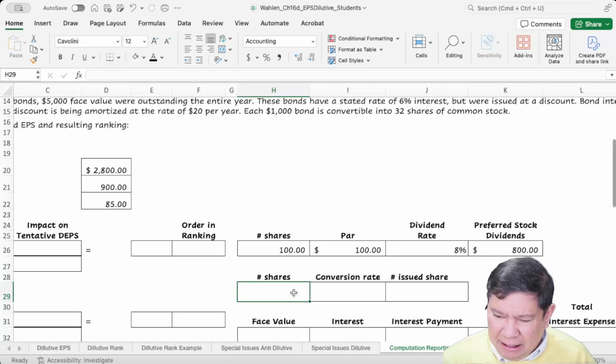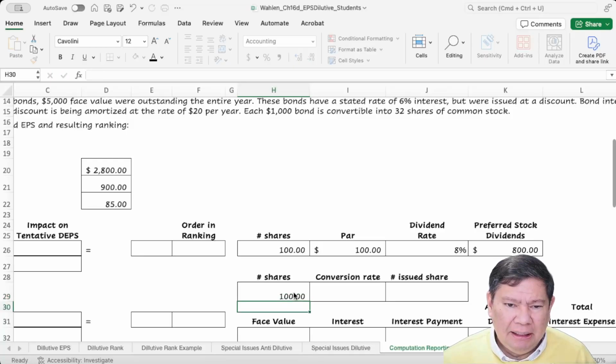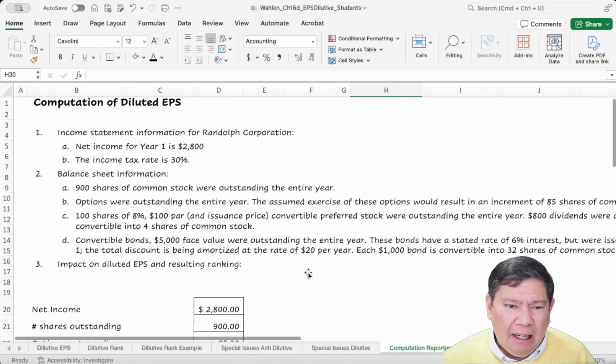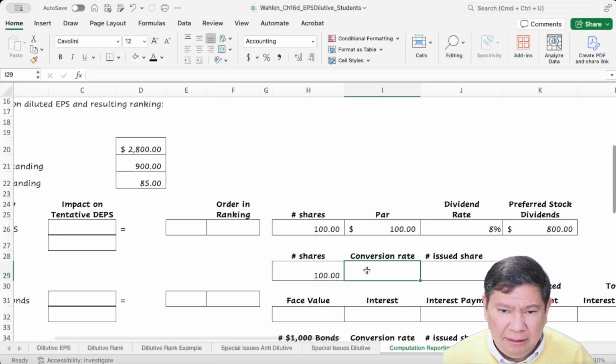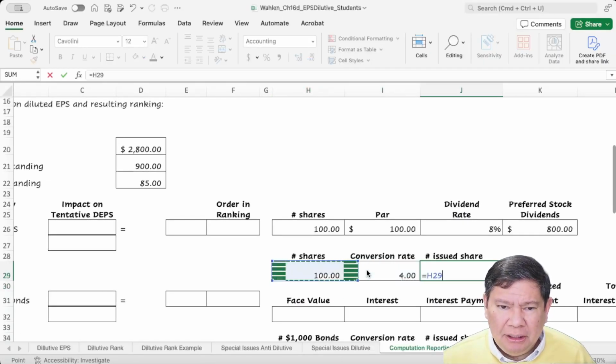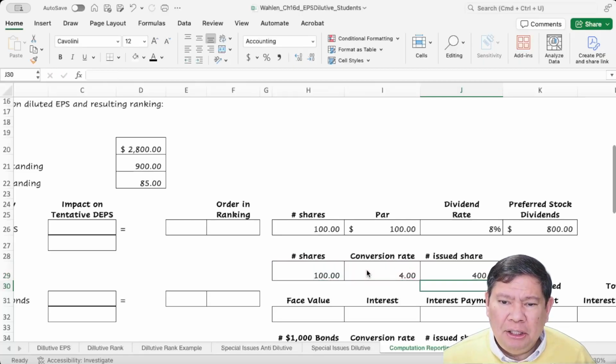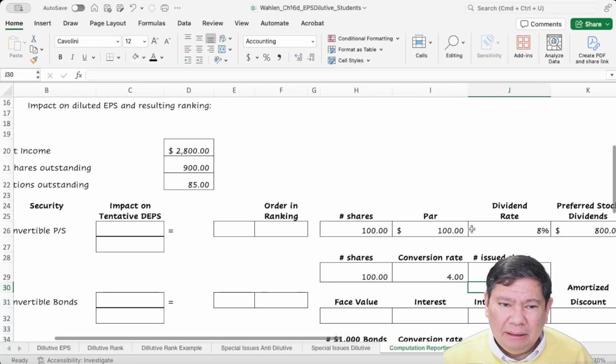Now there are 100 preferred stock shares, and they are convertible into 4 common shares each. So that means 400 new common shares will be issued if these preferred stocks are converted.